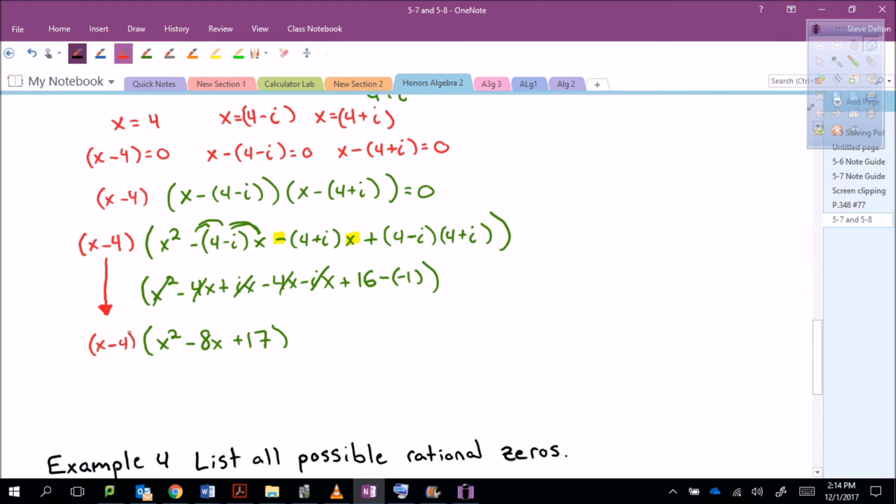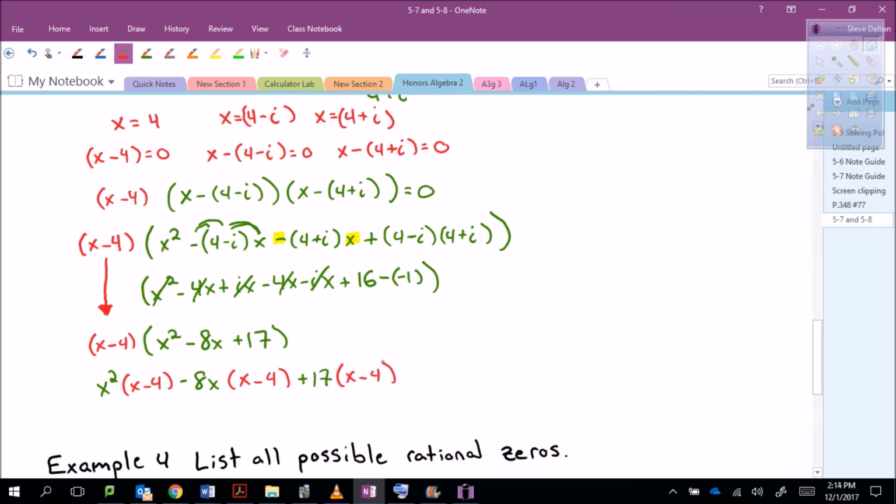Now the last thing we have to do is distribute. We're going to take that x minus 4 and distribute it through the green trinomial. So that's going to be x squared times x minus 4, minus 8x times x minus 4, and then 17 times our x minus 4.